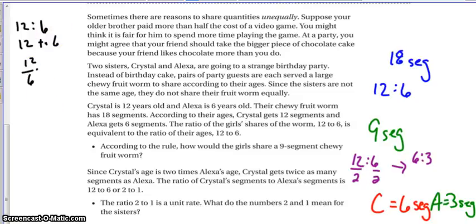I could divide both numbers by 6 and I would get a 2 on the top and a 1 on the bottom. So if I transferred it back out to my ratio, I get 2 to 1.